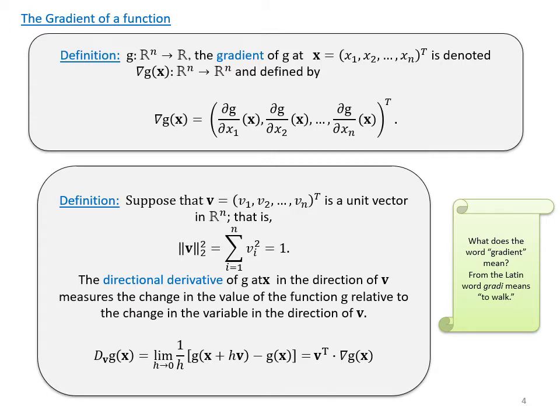So, the first definition is the following. The gradient of a scalar-valued differentiable function g of several variables is the vector field or vector-valued function whose value at point x is the vector whose components are the partial derivatives of g at point x.